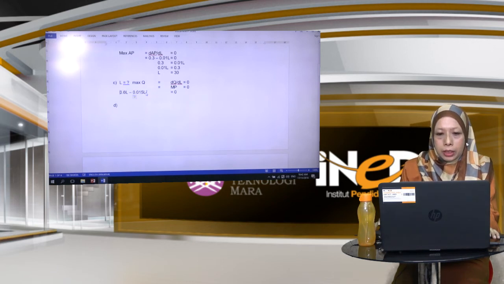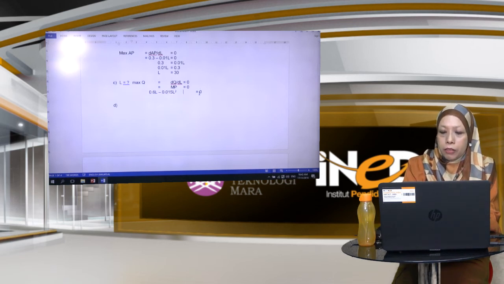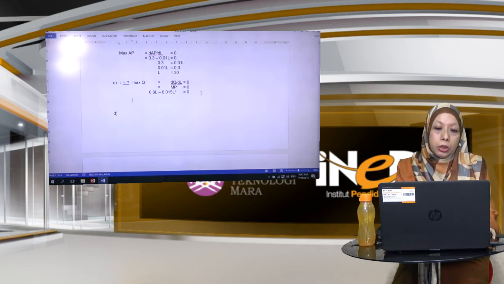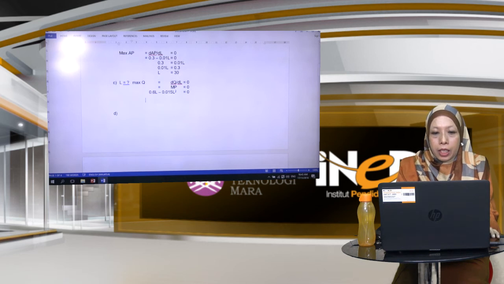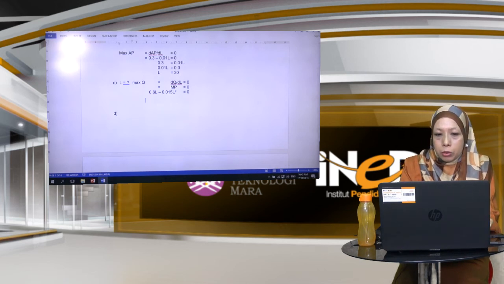So now the question is, how do we solve for L? To solve for the L value, you need to factorize it. Let us take out 1 L and factorize this equation.